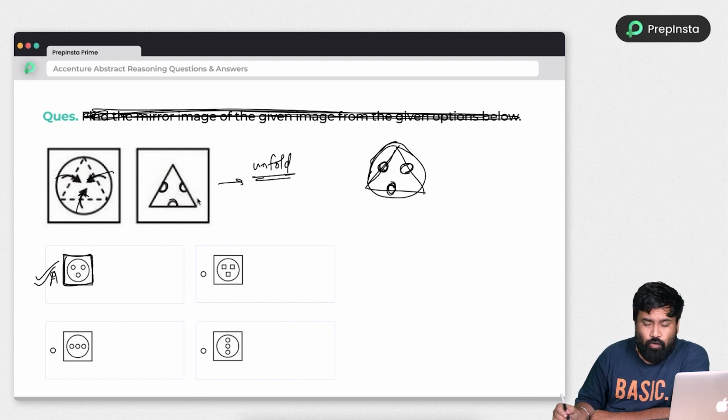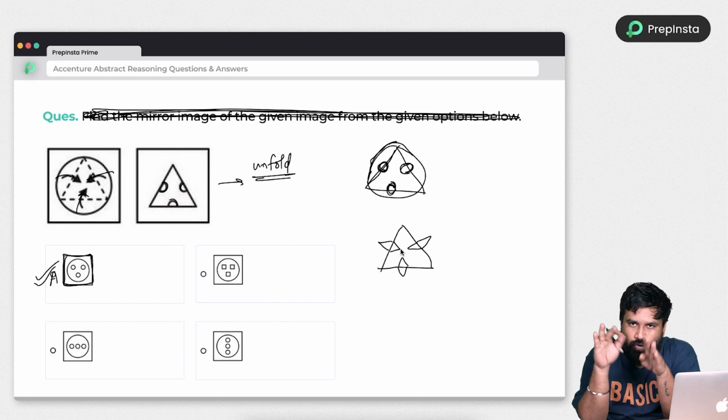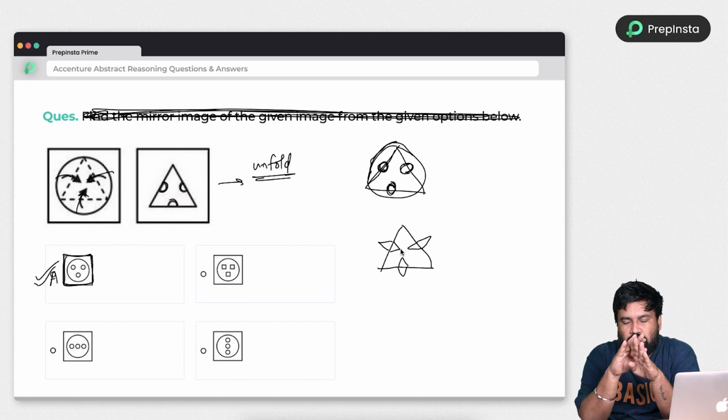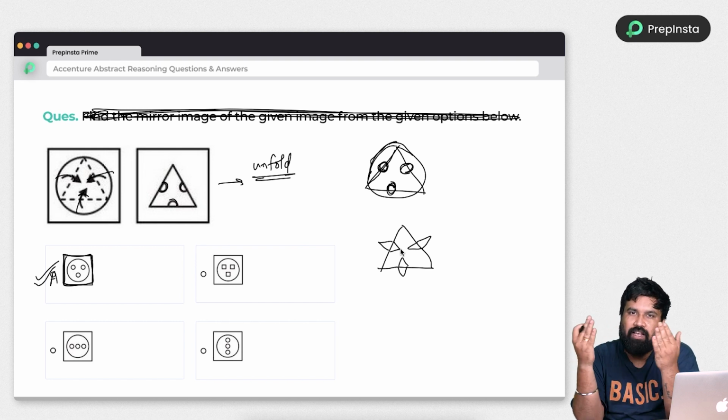For example, if it is folded like this and a V cut is given like this, then remember the same replica shape will be created when it is unfolded. This is what you need to remember. When you are folding and unfolding back, the symmetric shape will be created on the unfolded area also, so you need to imagine that.